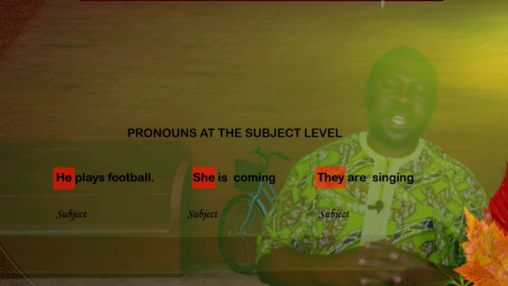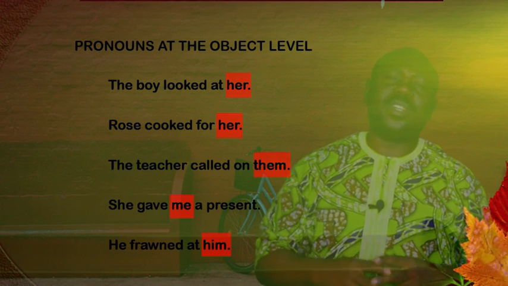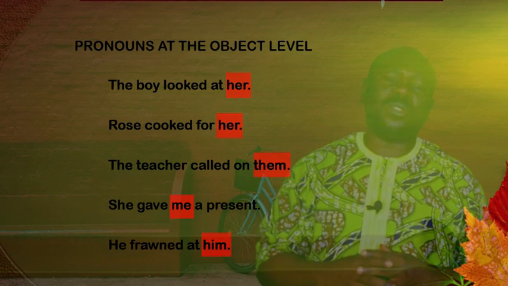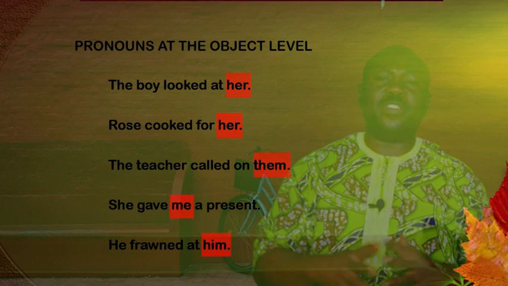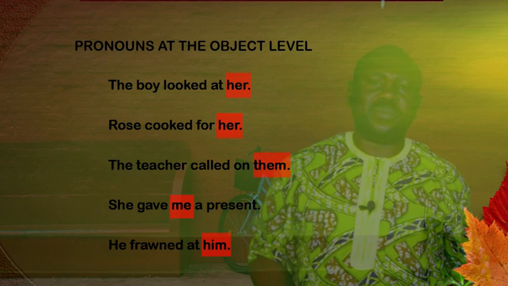While at the object level, we have sentences such as: the boy looked at him, Rose cooked for her, the teacher called on them, she gave me a present, he frowns at him. Now look at it.